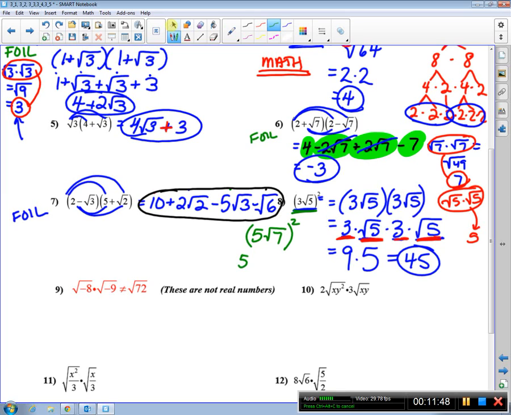We're going to have 5 radical 7 times 5 radical 7. That means 5 times 5 is 25. Radical 7 times radical 7 is 7. And 25 times 7 is, get out your calculators, or think about 7 quarters. How much money would you have if you have 7 quarters? 175. Okay. I feel better that we did another one of those.